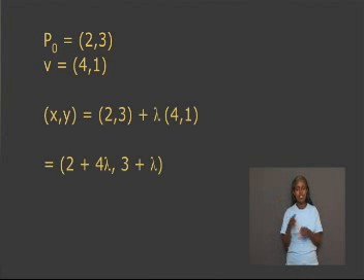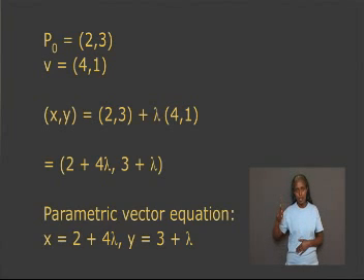Therefore, the vector equation of the line is 2 plus 4 plus the product of the scalar times 4 and 1. This equals 2 plus 4 times the scalar and 3 plus the scalar. The parametric vector equation is x equals 2 plus 4 times the scalar, and y equals 3 plus the scalar.